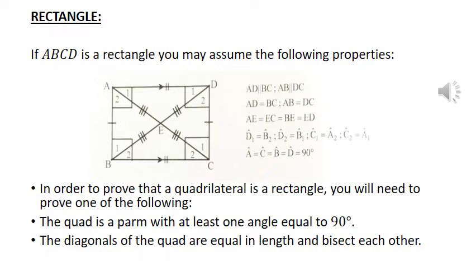The second part is you would have to prove that at least one of the corner angles is equal to 90, or that the diagonals of the quadrilateral are equal in length and bisect each other. So if you can prove it is a parallelogram and prove one of those 2 additional reasons, then you can say your quadrilateral is a rectangle.